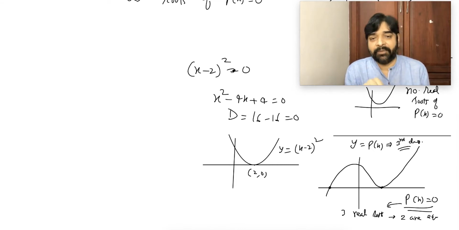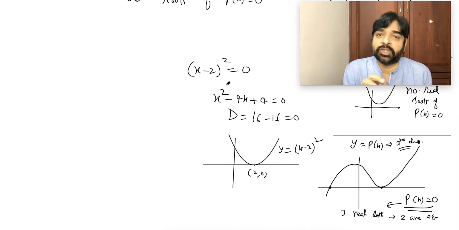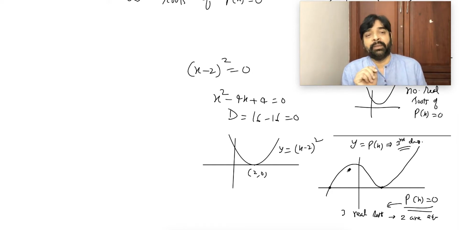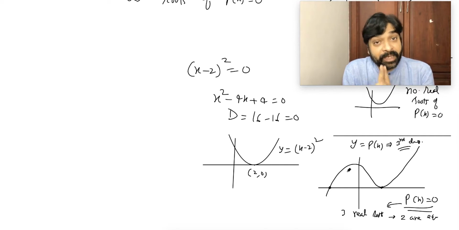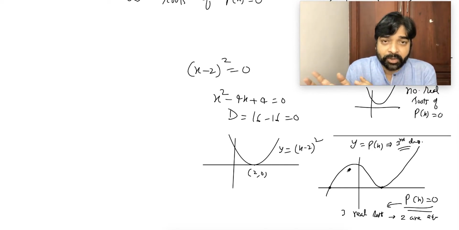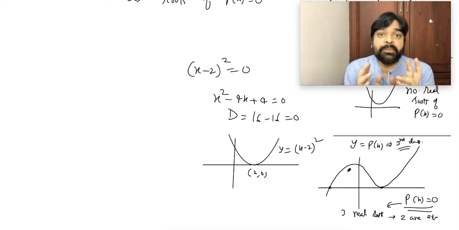And by that graph, we are analyzing the roots of (x minus 2) whole square. So my purpose with all this drama was only one thing: whenever you want to analyze the roots, draw the graph, and wherever it intersects, that is a unique root, but touching means two equal roots. Is this clear to everybody?